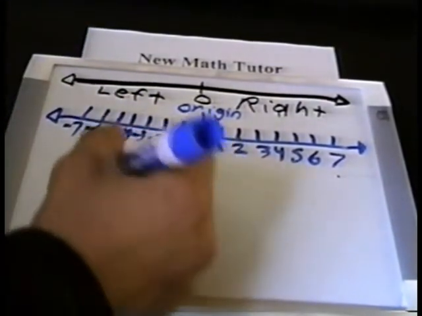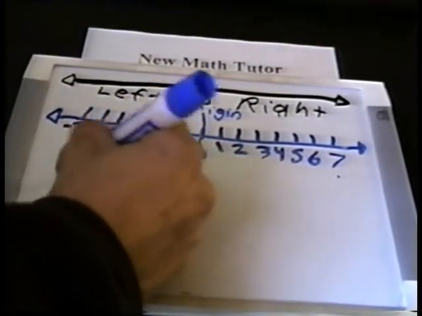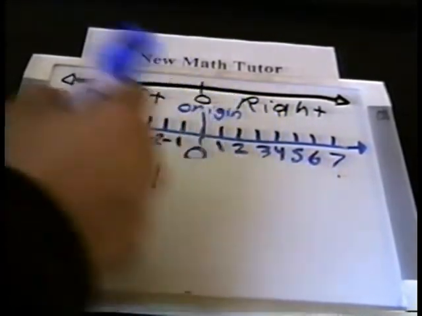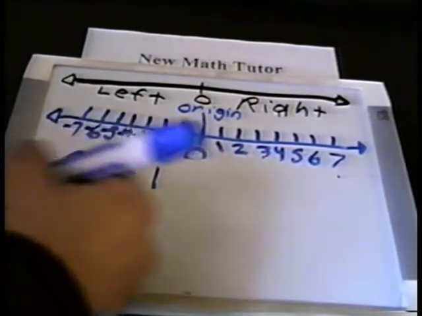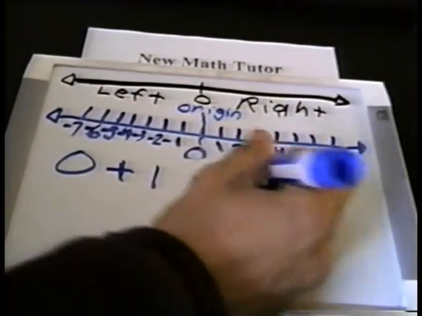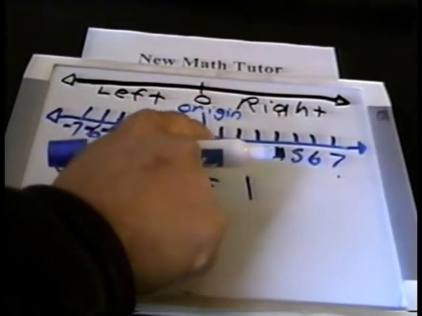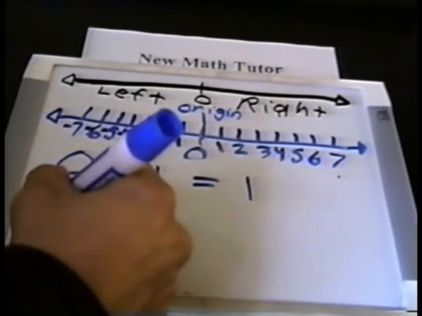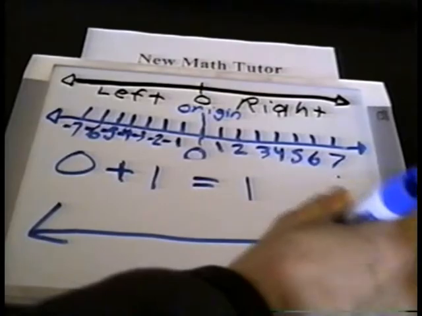So we're discussing addition. We'll start with 0 plus 1. We know that that equals 1.